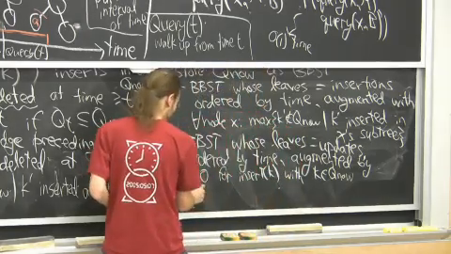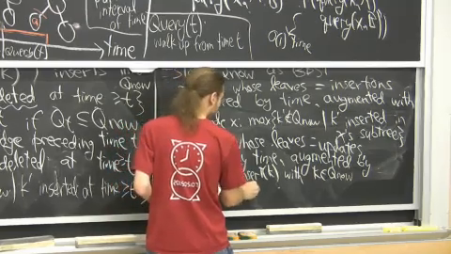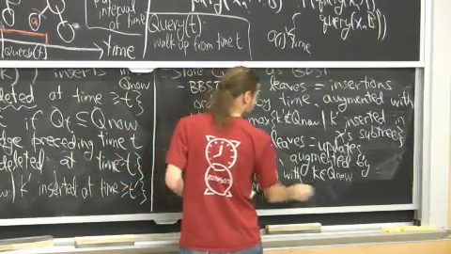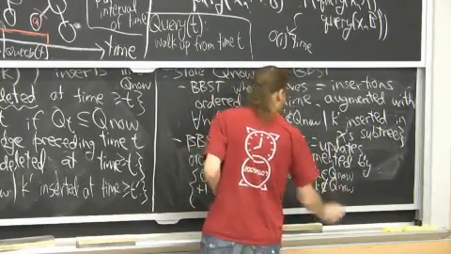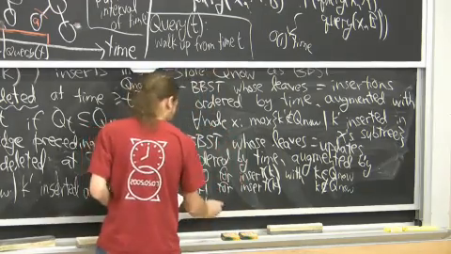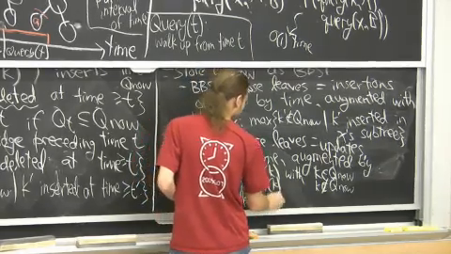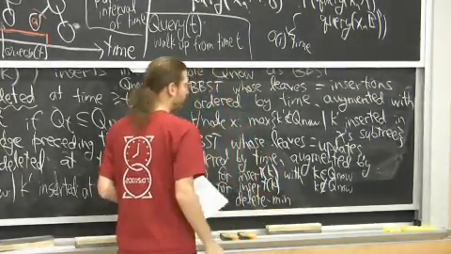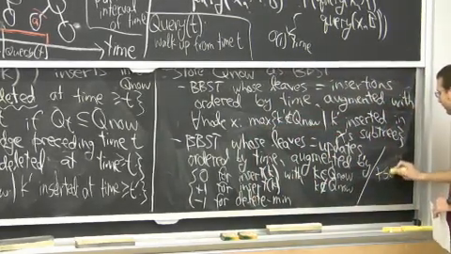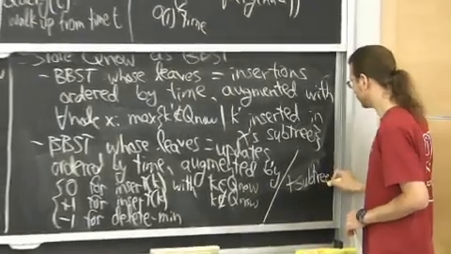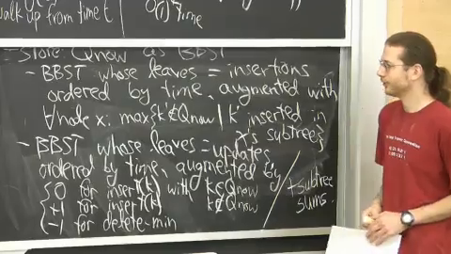It's going to be plus 1 for any other kind of insert, so inserting a key where k is not in queue now. And it's going to be minus 1 for a delete min. I'm going to store this, and we're going to have subtree sums. So this is fun with augmentation.